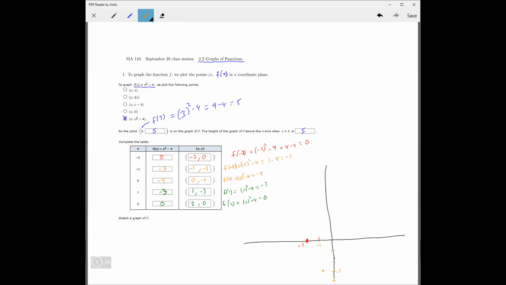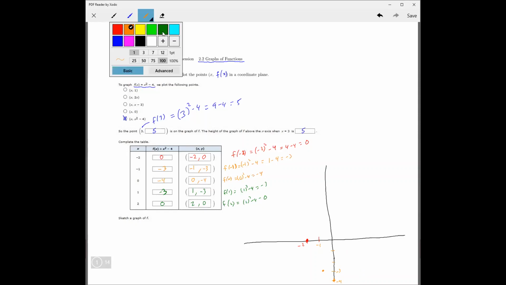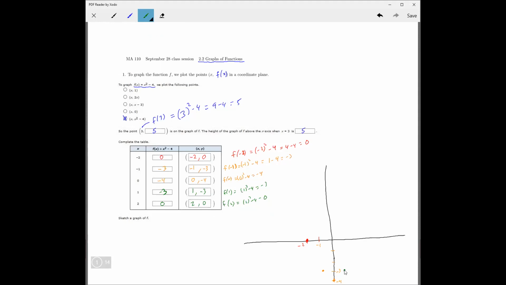0, -4 will be right here. And then these points over here, 1, -3, that'll be right here. And then 2, 0 will also be on the graph. And we also have 3, 5, which we could come over to 3 and up to 5 and plot as well.